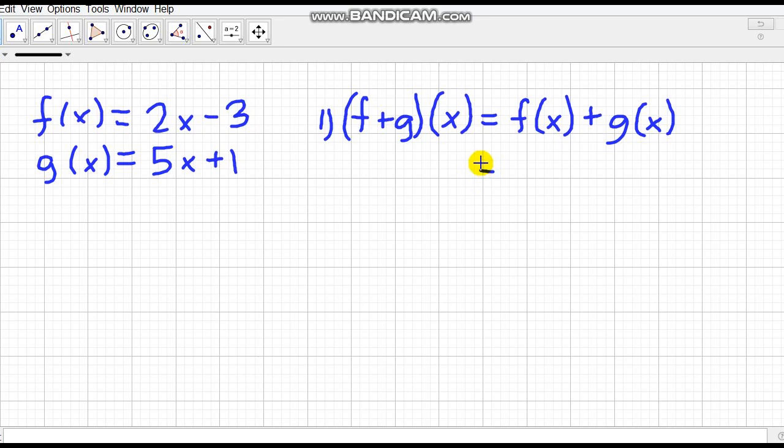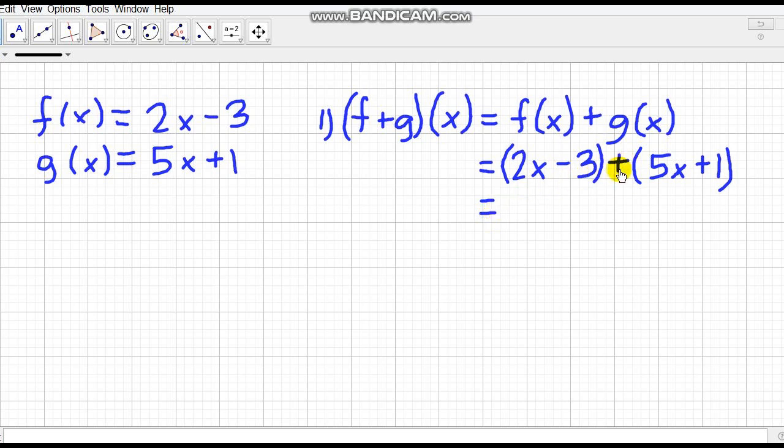So we take our f of x, which is 2x minus 3, I'm sorry, and add it to g of x, which is 5x plus 1. Let us put parentheses over the two functions f of x and g of x so that we can signify that we substituted from f of x to 2x minus 3.